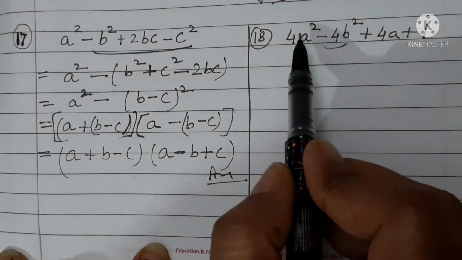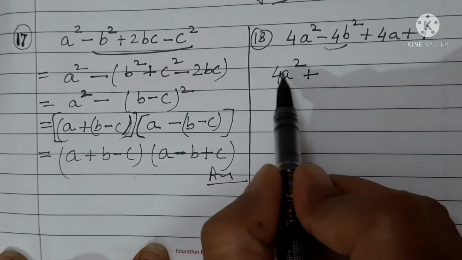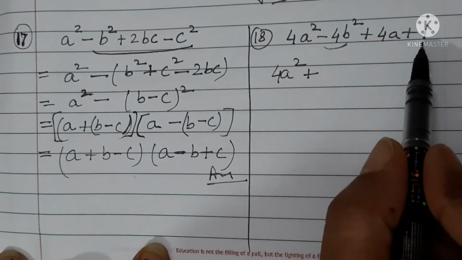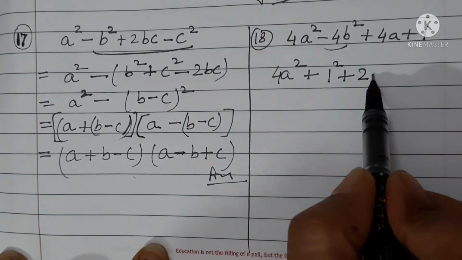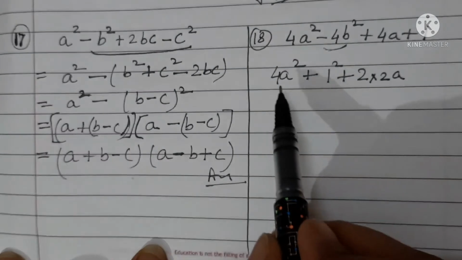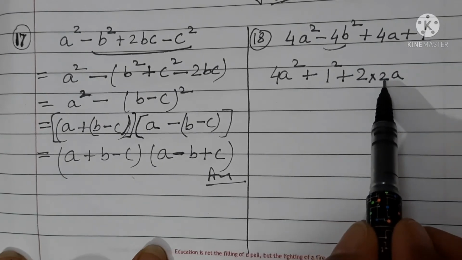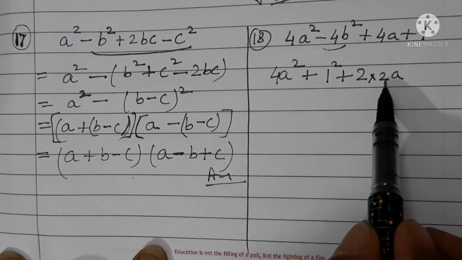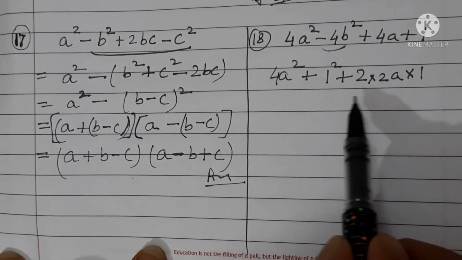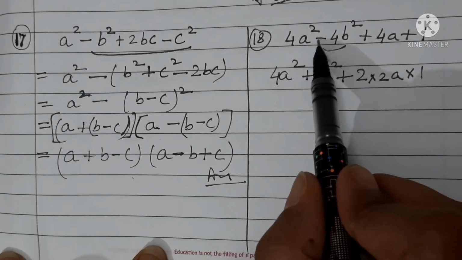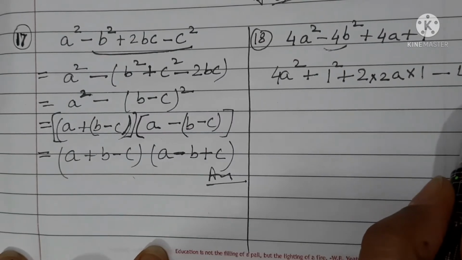So taking these three terms together, 4a² + 1² + 2 × 2a, it is like a² + b² + 2ab, where a means 2a and b means 1, and the remaining term is −4b².